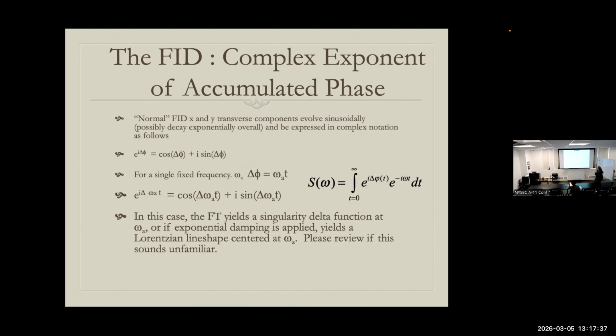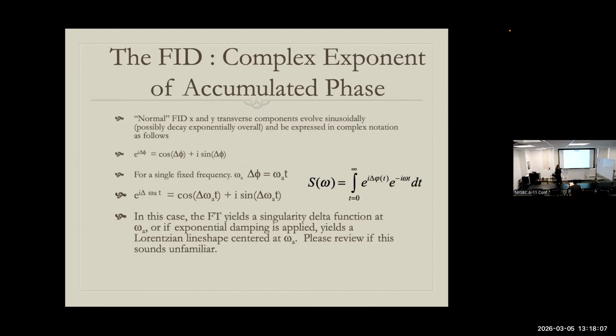For a single fixed frequency, call it omega A, delta phi is just omega A t. It's pretty simple. E to the I omega A t is cos omega A t plus I sine omega A t.